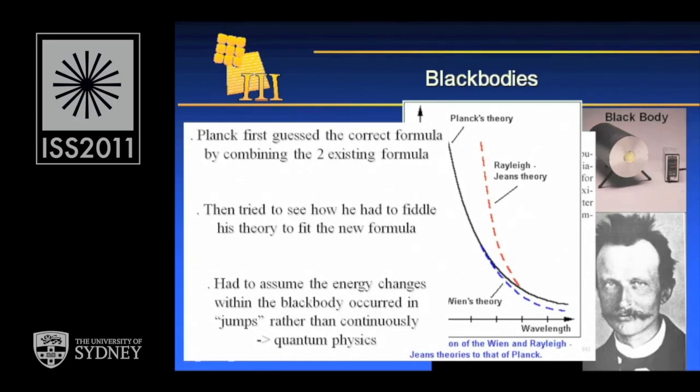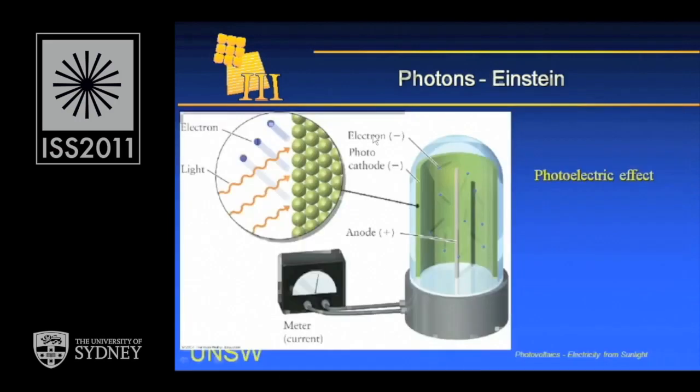Now, I'm not sure that would have been an idea that would have been taken up too quickly, just this sort of mad scientist fiddling with a formula and coming up with a result, making assumptions that were completely unfounded. But shortly afterwards, Albert Einstein got involved in trying to interpret another set of experimental data to do with the photoelectric effect.